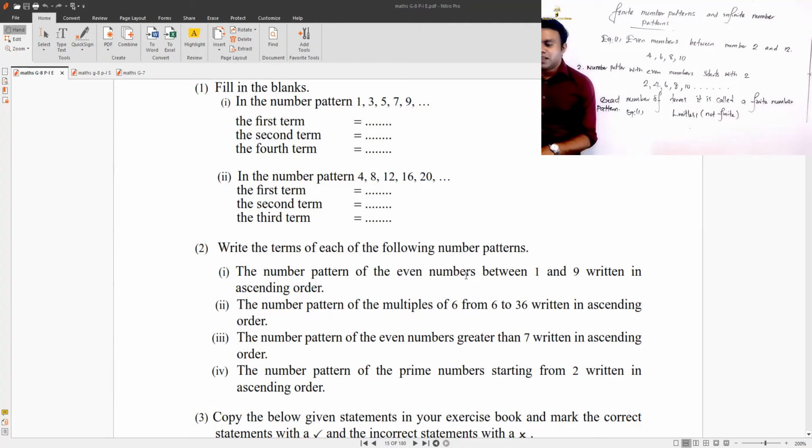Apurva, Tishan, Lihansa, Javana. Yes, good.